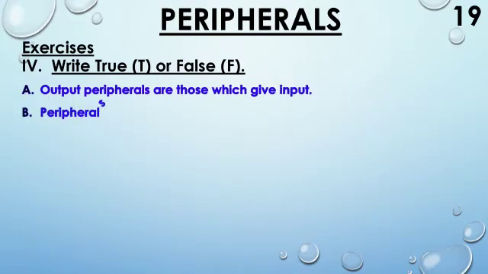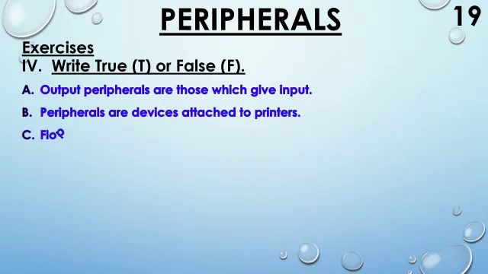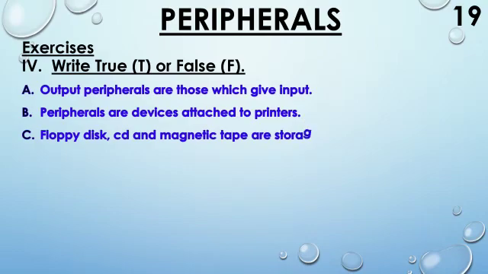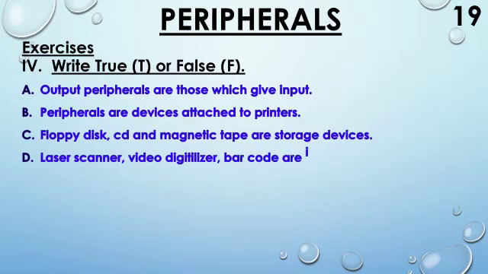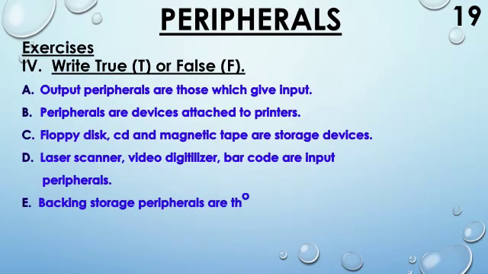This is exercise number 5. Write true for T or false for F. A. Output peripherals are those which give input.